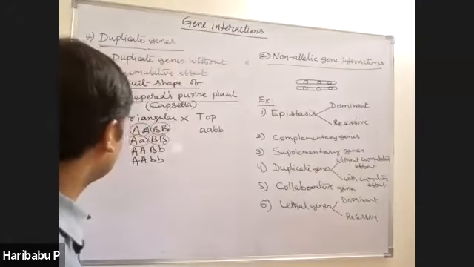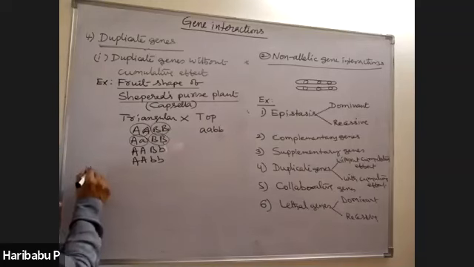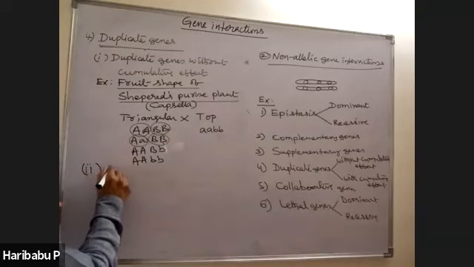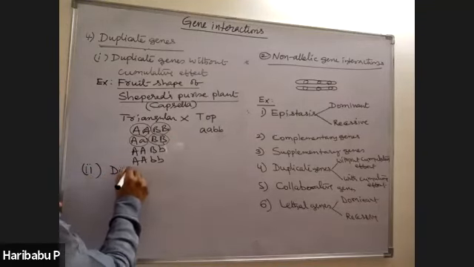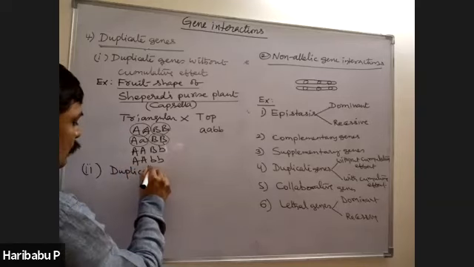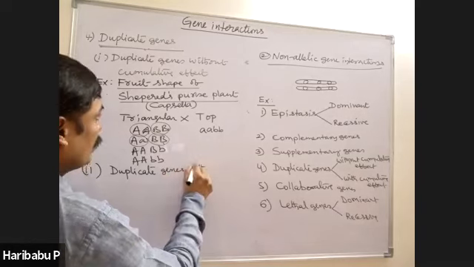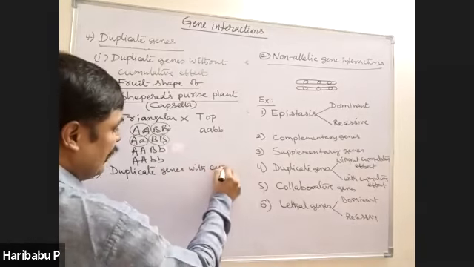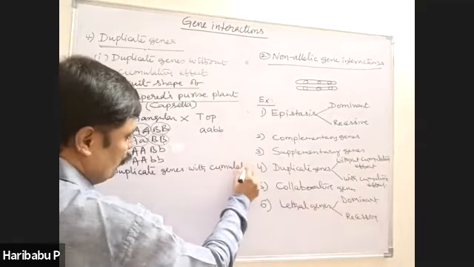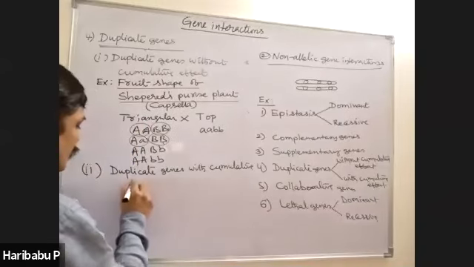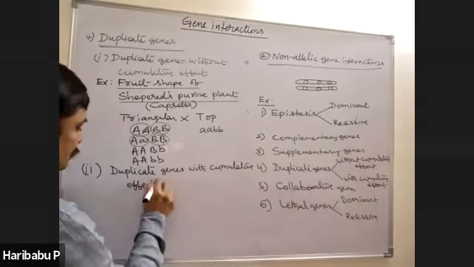Then the second one is duplicate genes with cumulative effect. Duplicate genes with cumulative effect.